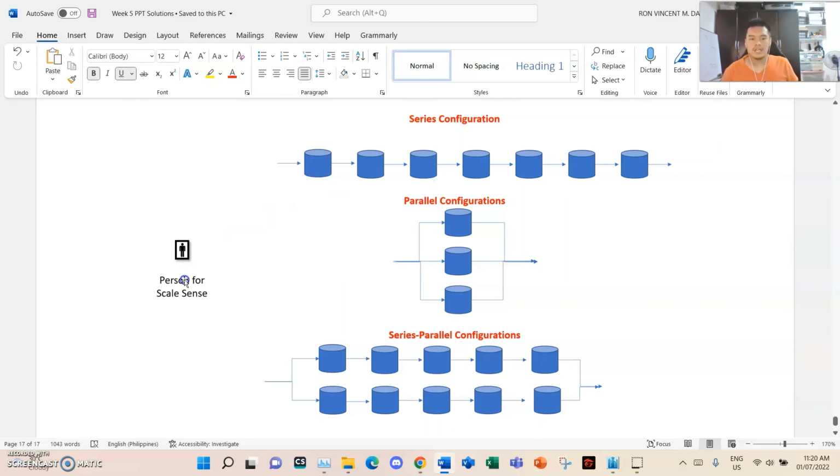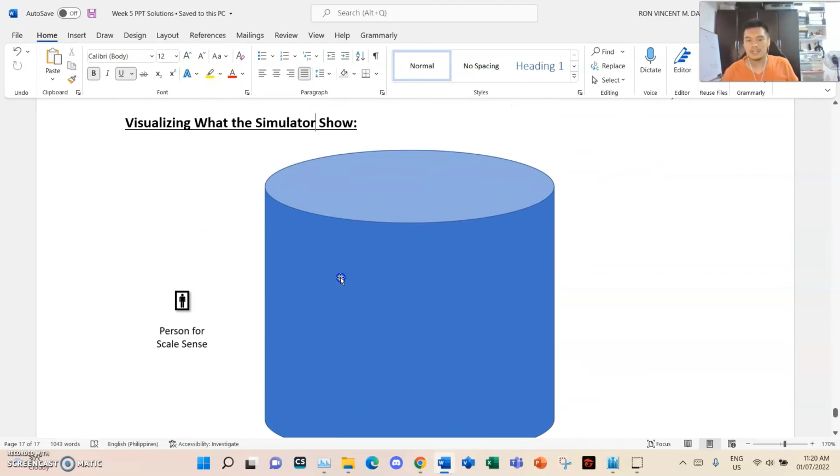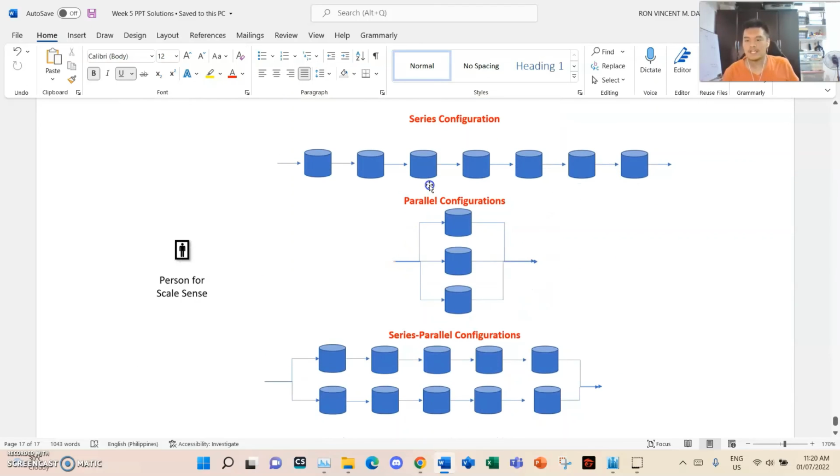So, this is the same scale of the person. But in reality, compared to building one very large container, it will be divided into equal small containers and connected as follows. It can be a series configuration, where one container is connected to the other, and so on.